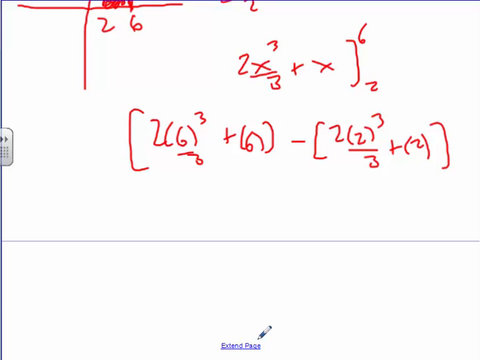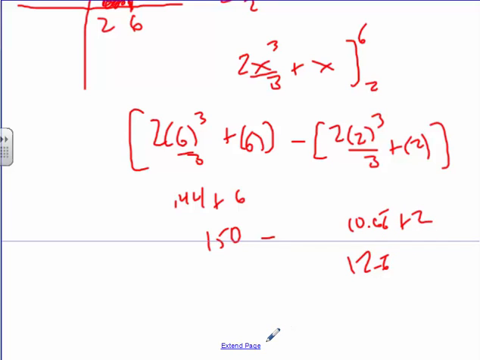So 2 times 6 to the power of 3 divided by 3 is 144. Add that to 6, that would give me 150. Then I have to subtract 2 times 2 to the power of 3, which is 16, divided by 3. This one here is 5.3 repeating, plus 2, so that's 7.3 repeating.